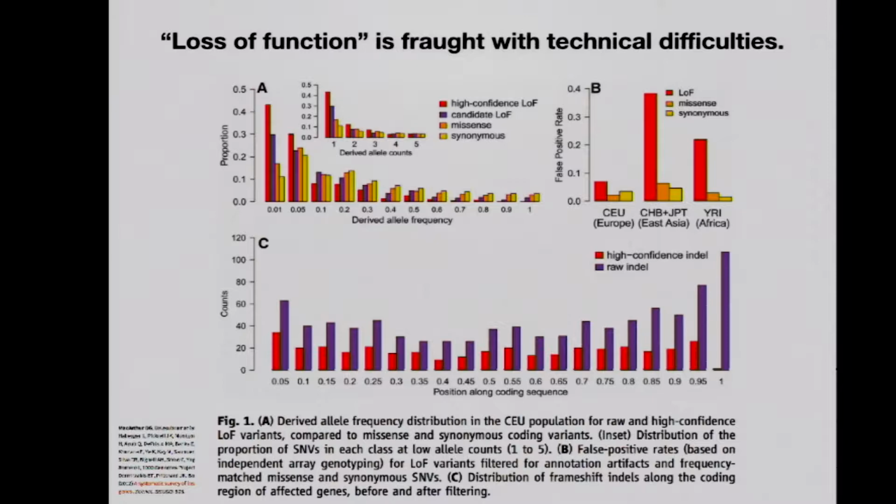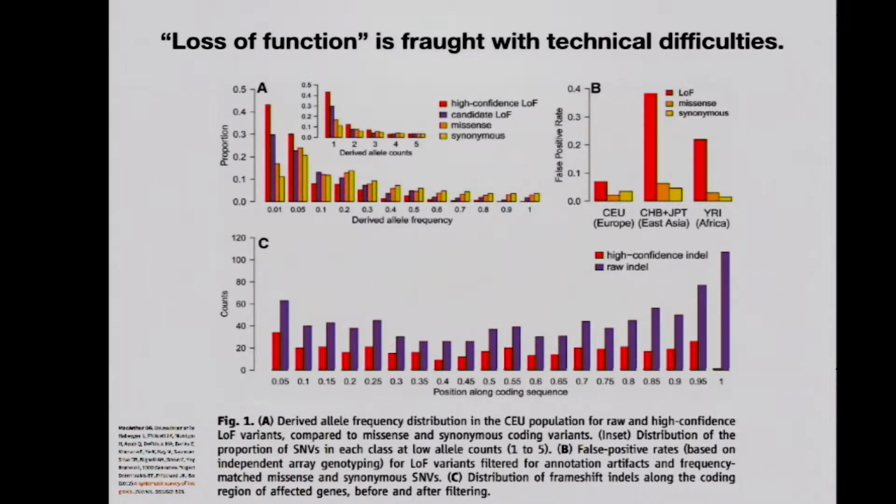What they did in this figure, the key panel, is that if you look at the raw indels in blue, so all the indel predictions that were found, versus the high confidence predictions, in the terminal 5% of the transcript you have this big boost in the raw indels, whereas there are very few real frameshift indels in the terminal 5%.